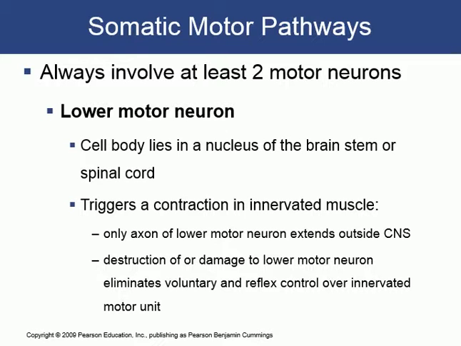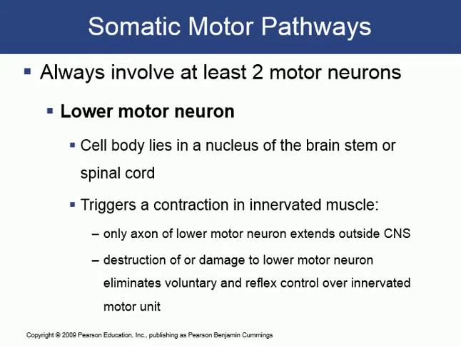So the upper motor neuron starts from the motor centers in the brain or the cortex and goes down to the nuclei in the brainstem or spinal cord. From the brain and spinal cord, the lower part will take it to the muscles.